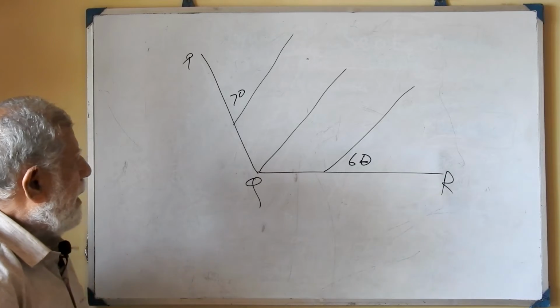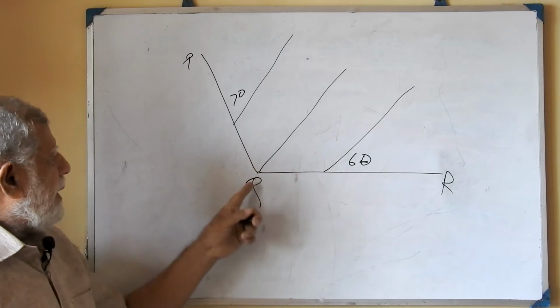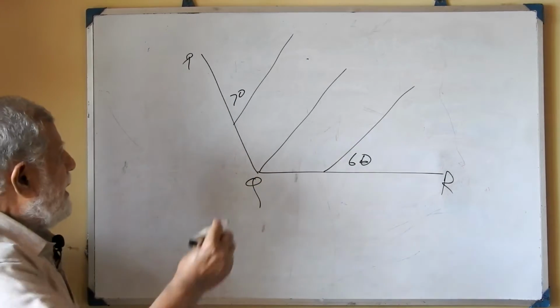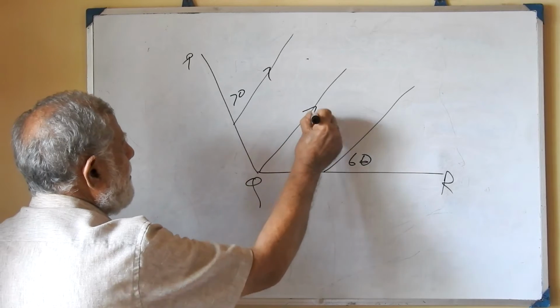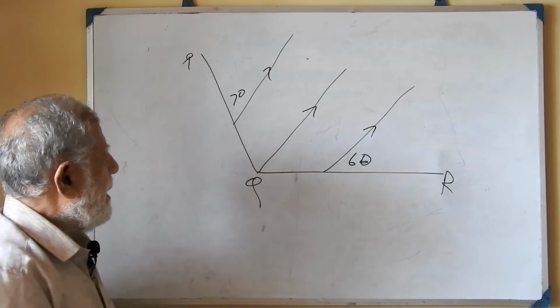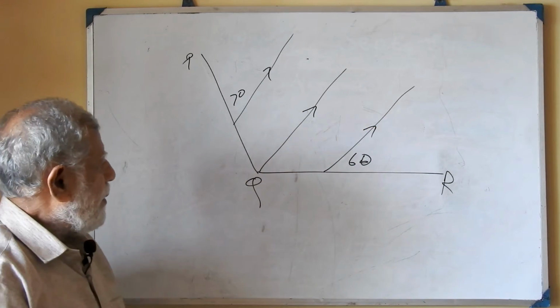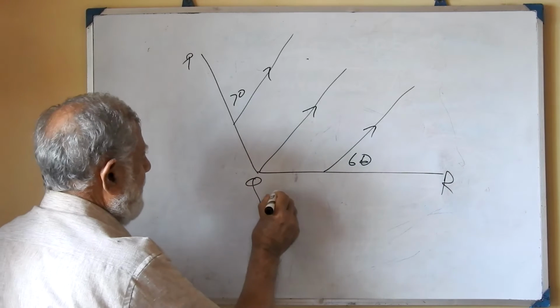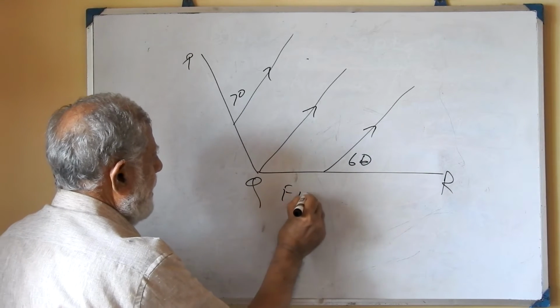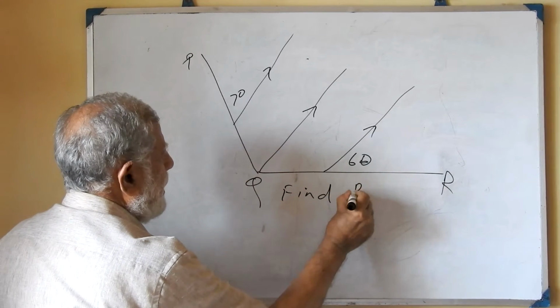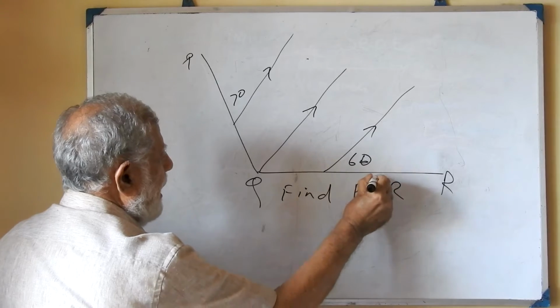Look at this figure. Here we have something like an obtuse angle, and these 3 lines are parallel. The question is, find the value of angle PQR.